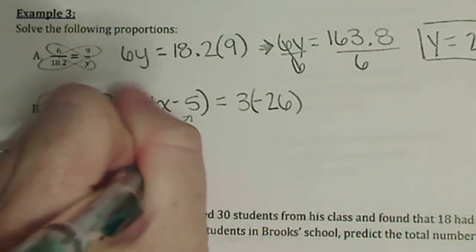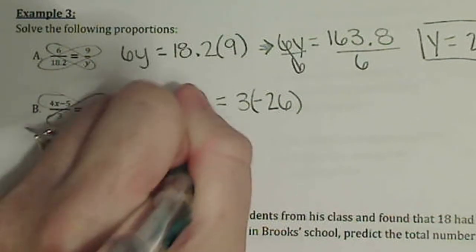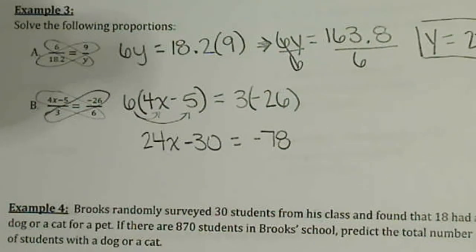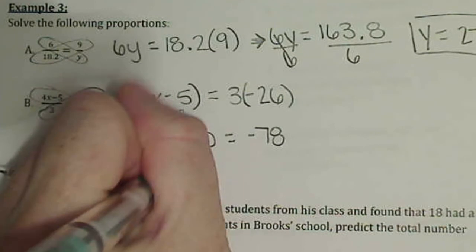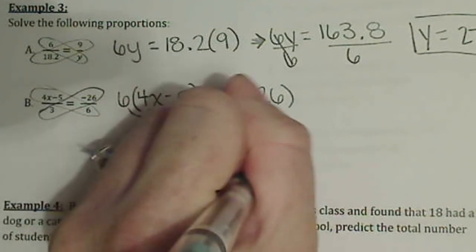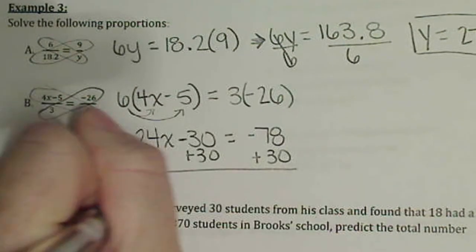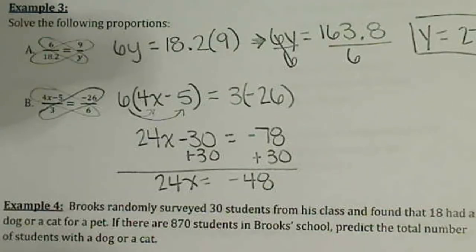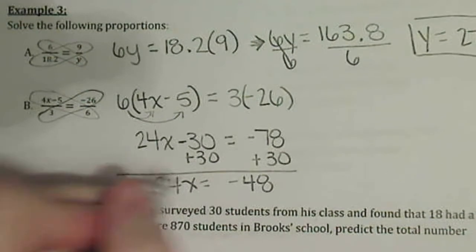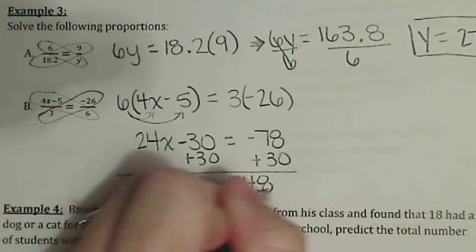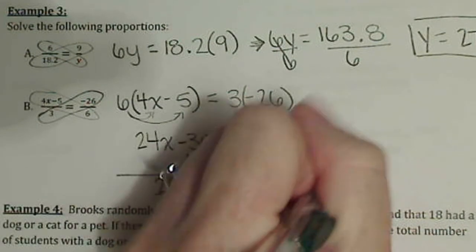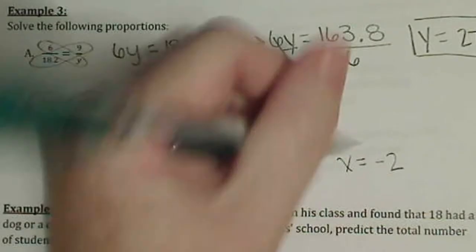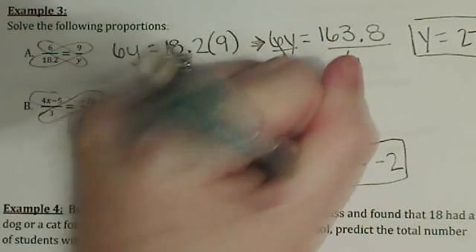So 24x minus 30 equals negative 78. Let's do a little algebra. Remember your integers, 24x equals negative 48. Divide by 24. x is negative 2. It is okay to have a negative number in a proportion.